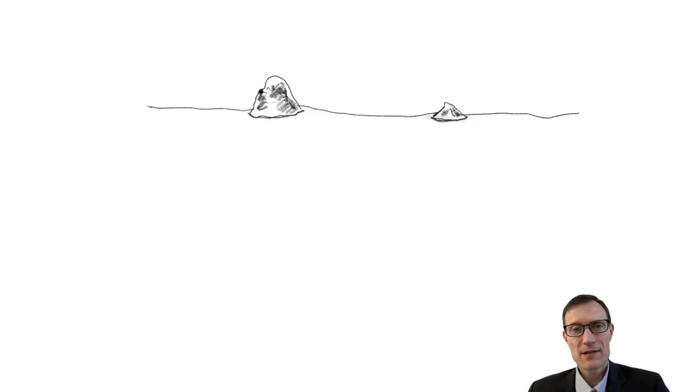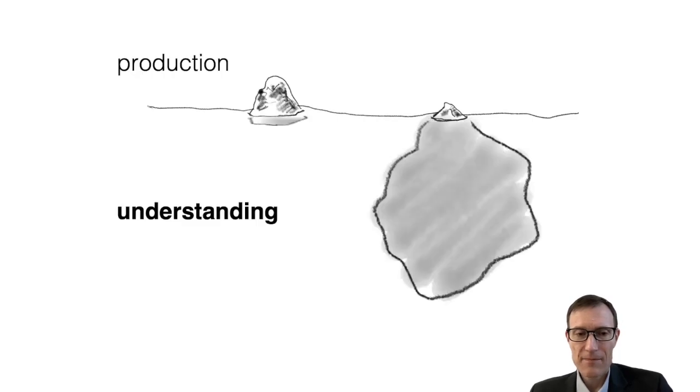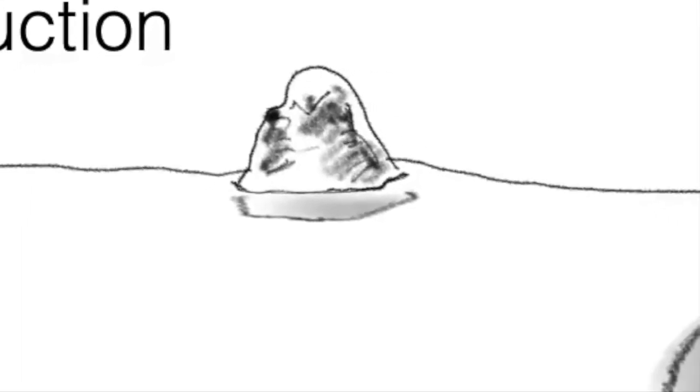So let's compare this to 2 rocks. Okay, so this is the ground, and we have kind of 2 rocks that are sticking out of the ground. These 2 rocks, we can think of it as production in the language and then understanding. You can see this rock here is kind of like what we do in school.